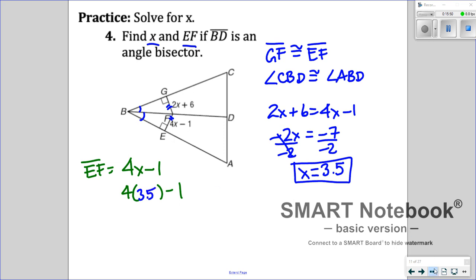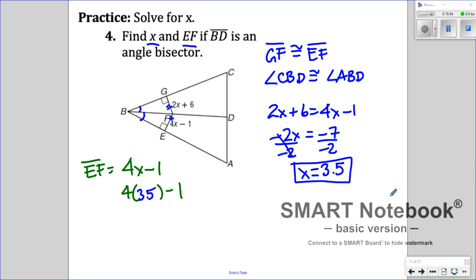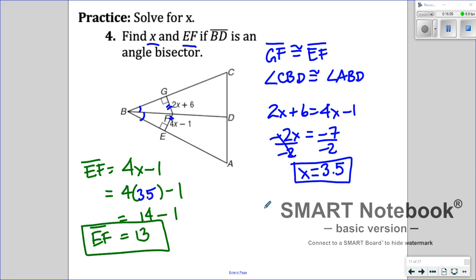And then I'm going to solve. So we got 4 times 3.5, which gives us 14, minus 1. And then EF is equal to 13. So I found the two unknowns that they were asking us for.